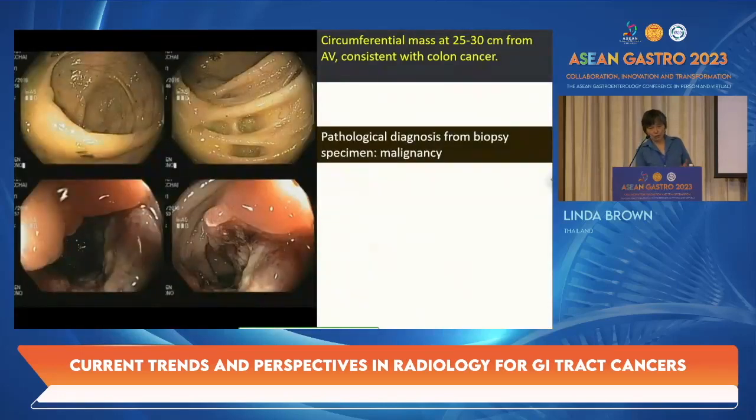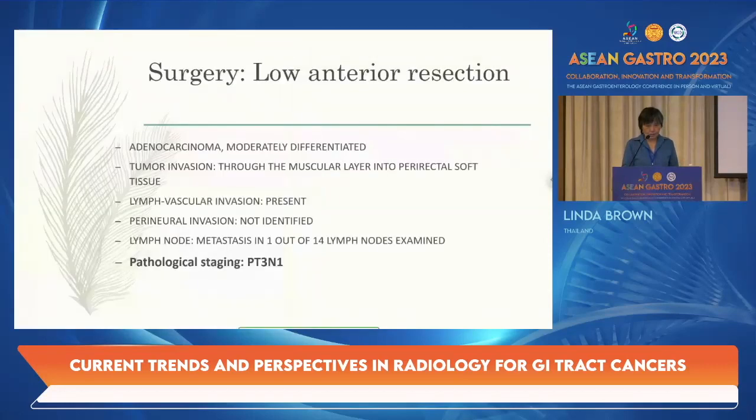Based on that, a scope was performed and confirmed a circumferential mass. Biopsy again suggests malignancy. So surgery was performed, low anterior resection, and pathological staging is pT3N1, similar to CT scan.